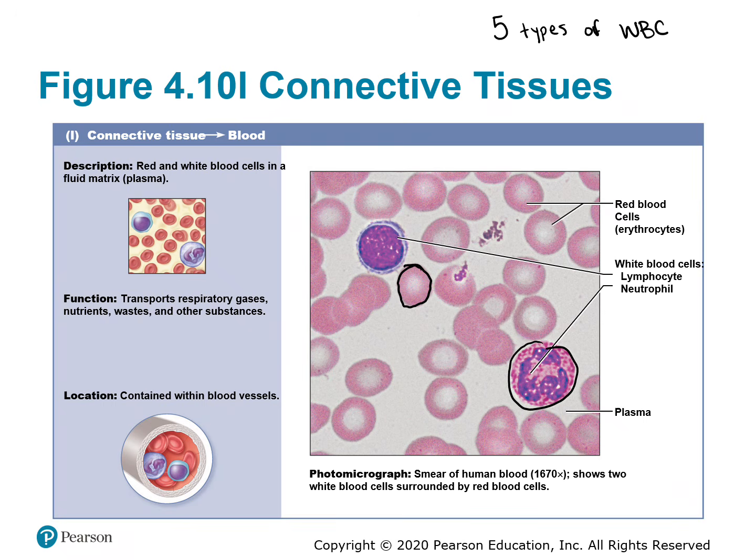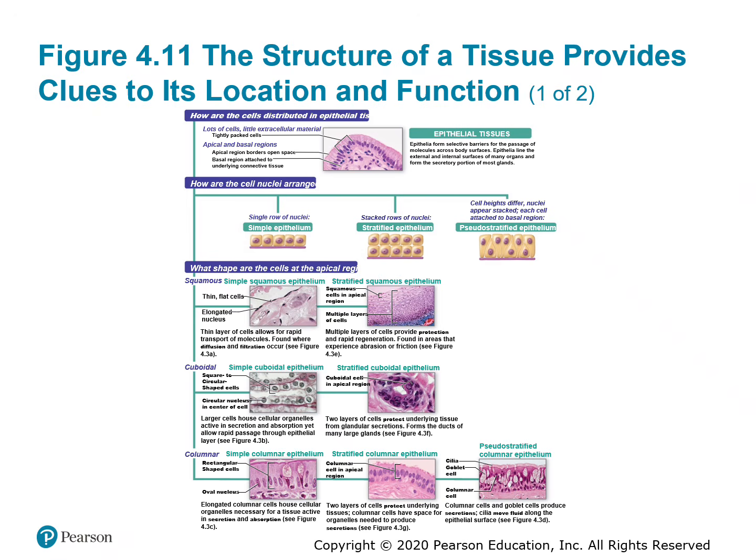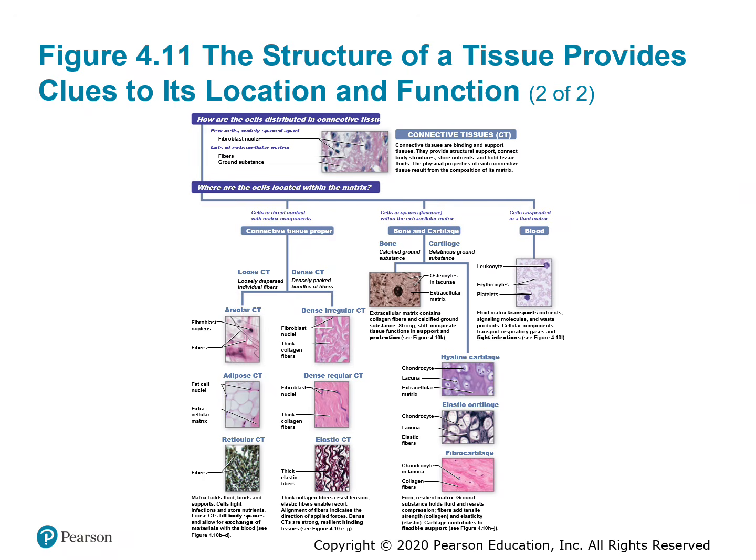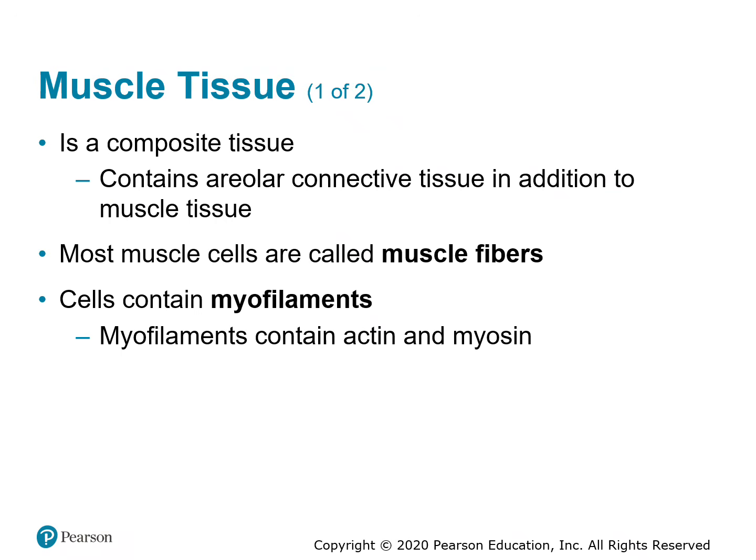Okay? 5 different types of white blood cells. This specific example is showing you a lymphocyte and a neutrophil. Okay? Don't get stressed out by this image, but it is helpful to look at. Good little graph, shows you all of the connective tissues, what they look like, where you might find them.